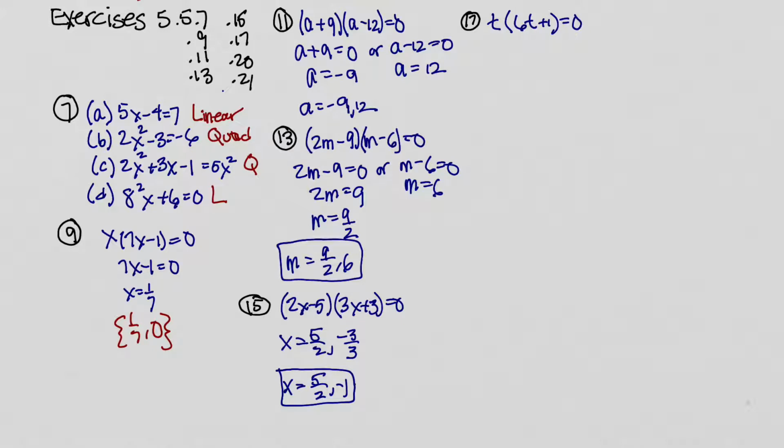We'll use the zero property here again in problem 17. We've got this factor and this factor giving us a 0. So each one of these could be 0. So what I'm going to write here is that this t could be 0, right? That t could be 0, as well as the 6t plus 1 could be 0. And what's going to make this 0? Well, just think about solving this equation.